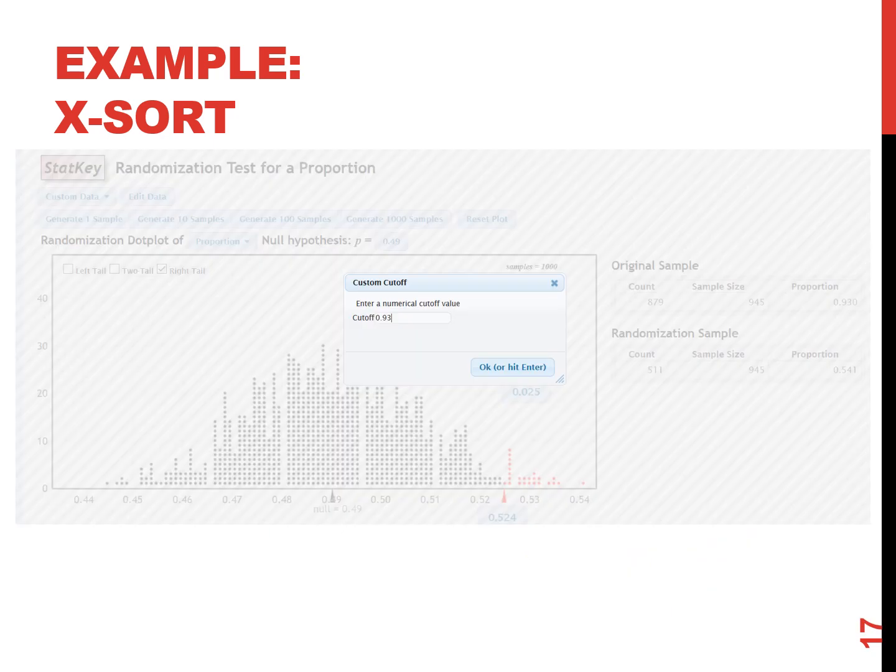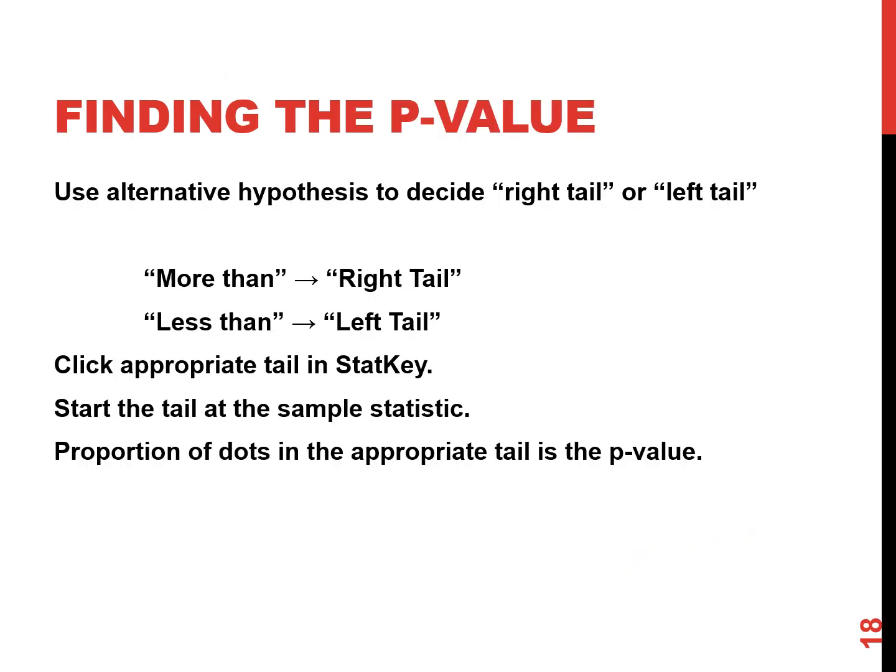Once I do that, StatKey will calculate the proportion of dots in the appropriate tail beyond our sample statistic, and that is going to be our p-value.